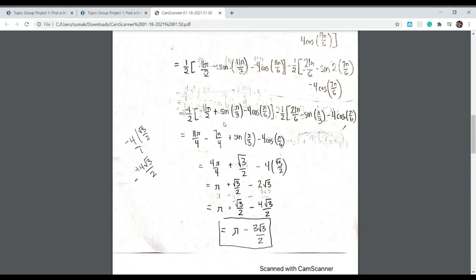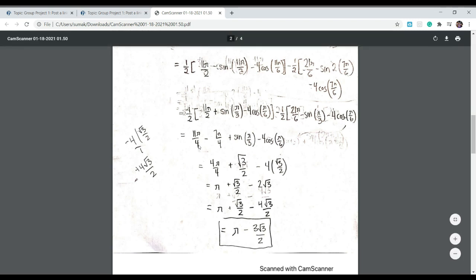Simplifying even more, we get 1/2 times 11 pi over 2 plus sine pi over 3 minus 4 cosine pi over 6, minus 1/2 times 21 pi over 6 minus sine pi over 3 minus 4 cosine pi over 6.